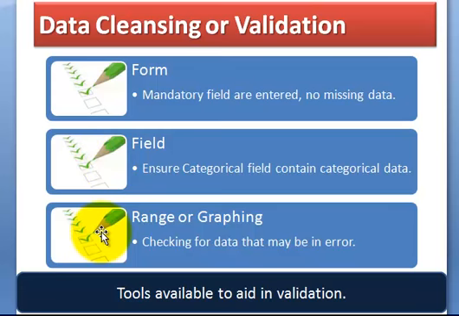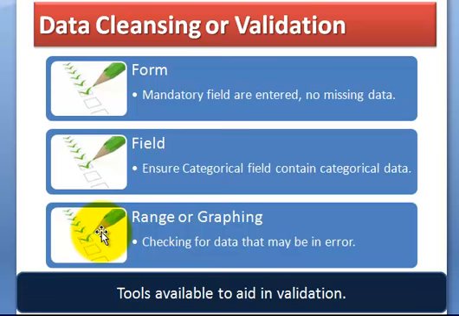Last thing we need to look for is some sort of range or graphing of the data. This will help us see if there are any outliers or any errors. We may put in the average salary for different people, and we might have added 2 zeros on entry, and somebody's making $50 million, right? And we need to account for that.